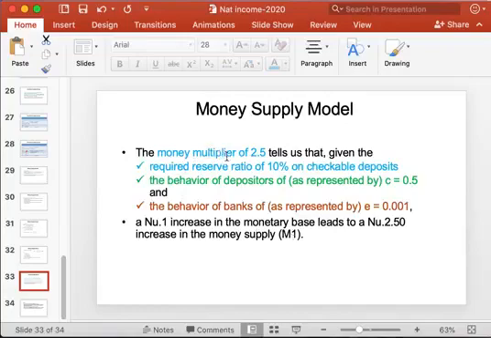That is what this money multiplier of 2.5 means, or in other words, the money supply changes by a factor of 2.5.